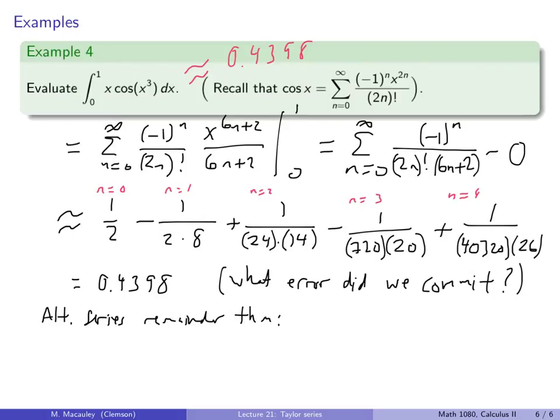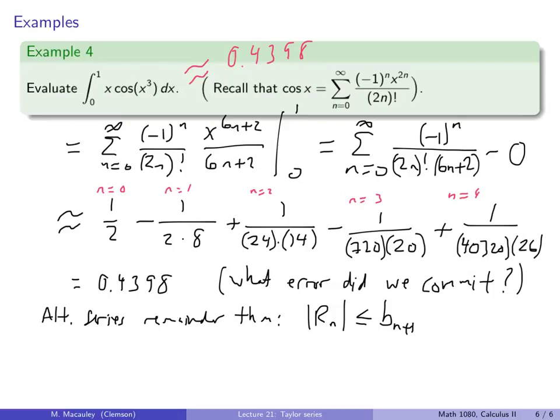So the remainder is no bigger than the very next term. This is the positive value for this, so we're ignoring the possible negative sign.